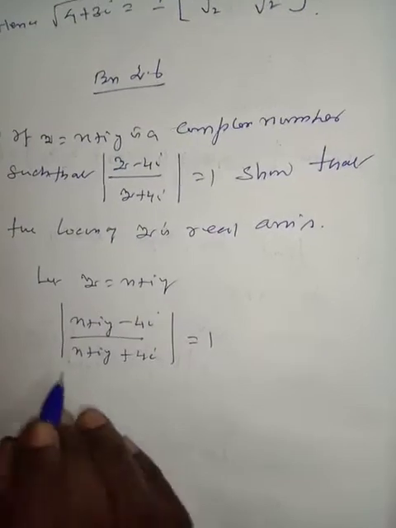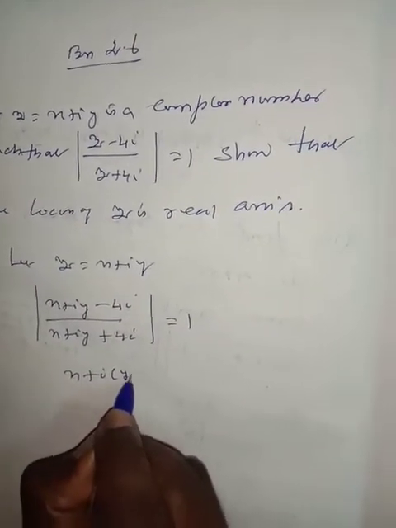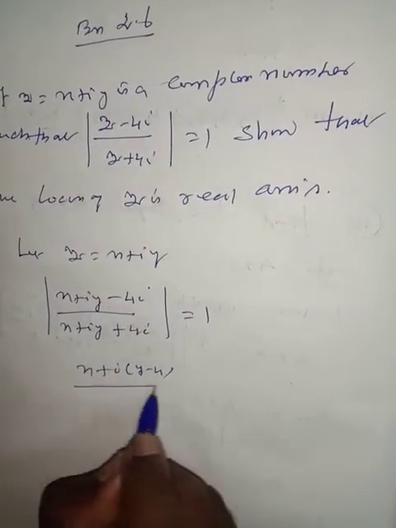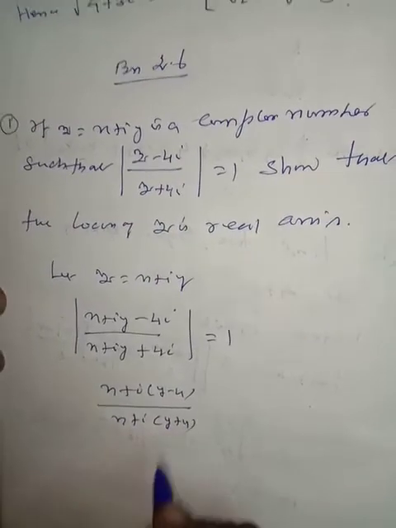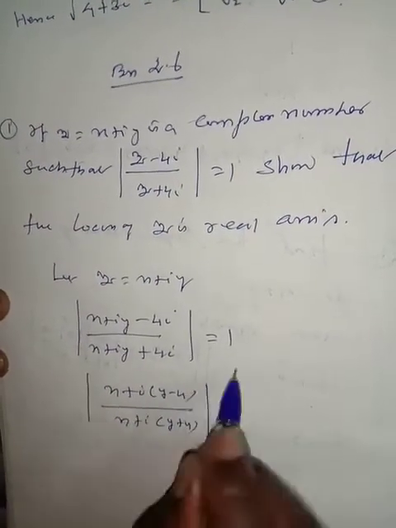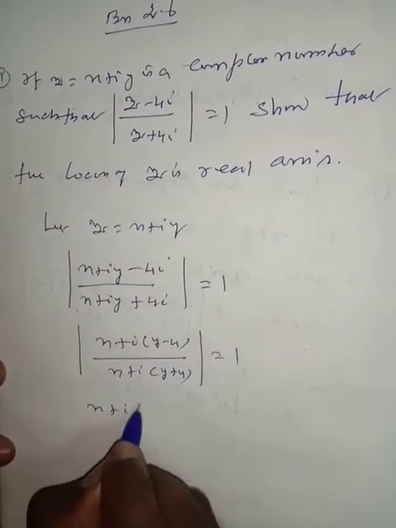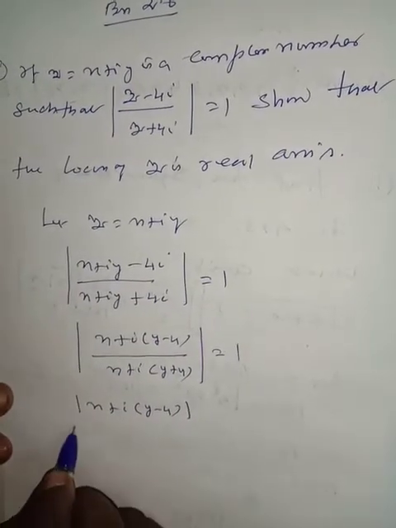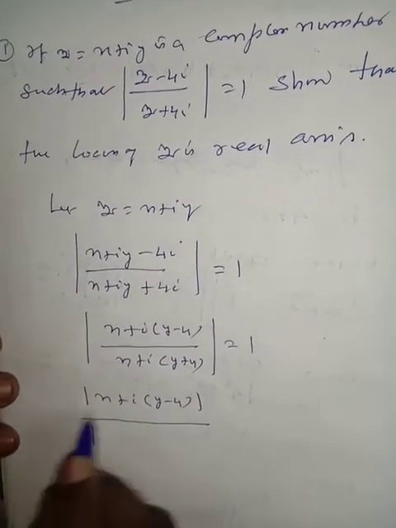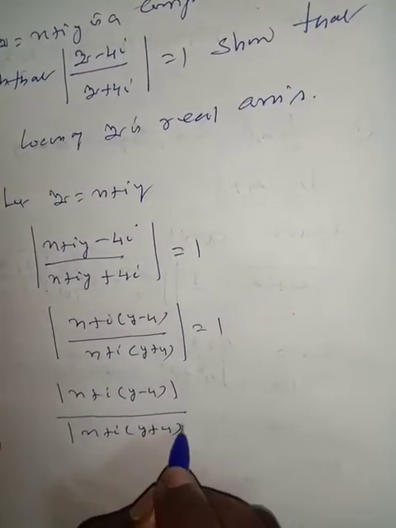Now collect the real and imaginary parts: (x + i(y − 4))/(x + i(y + 4)) = 1. This can be written as the modulus of the numerator, |x + i(y − 4)|, divided by the modulus of the denominator, |x + i(y + 4)|, equal to 1.